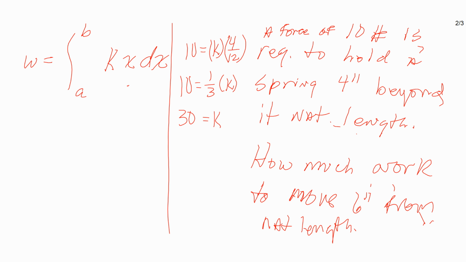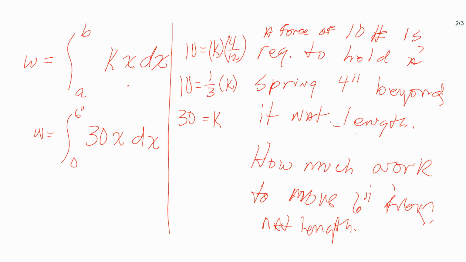0 to 6, because it says it's at resting point, at natural state. Now, we're going to do one in a minute where it's from not resting state, and that way you'll know what to do. So, work is equal to the integral from 0 to 6 inches of 30x dx.